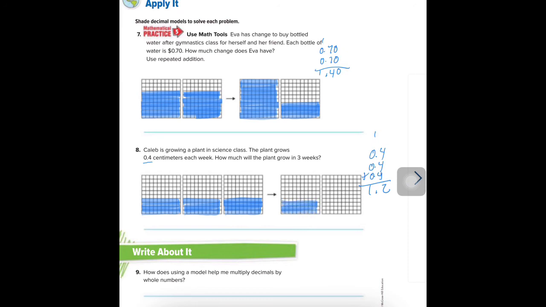So I'm going to fill in one whole grid for our whole number. And then 2 10 bars. Very good. And so then our answer we're going to put is 1.2.